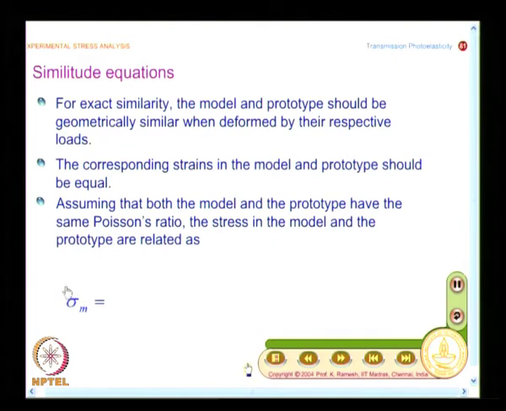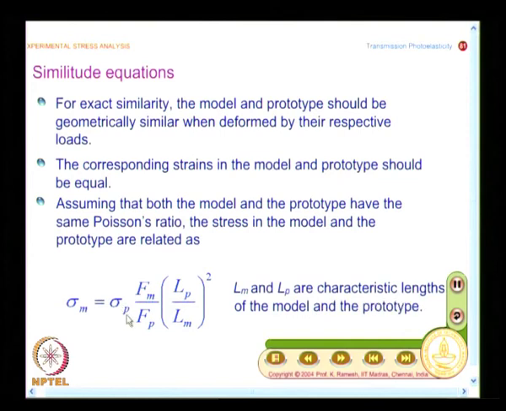I have a symbolism where the suffix denotes whether it is a model or a prototype, m denotes the model, and p your actual prototype. So, I have sigma_m = sigma_p into Fm by Fp into Lp divided by Lm whole square.